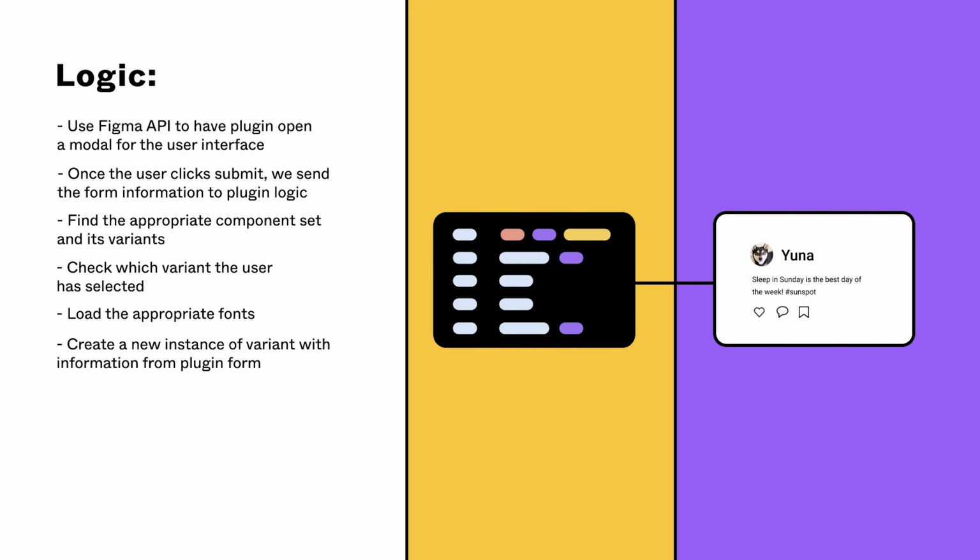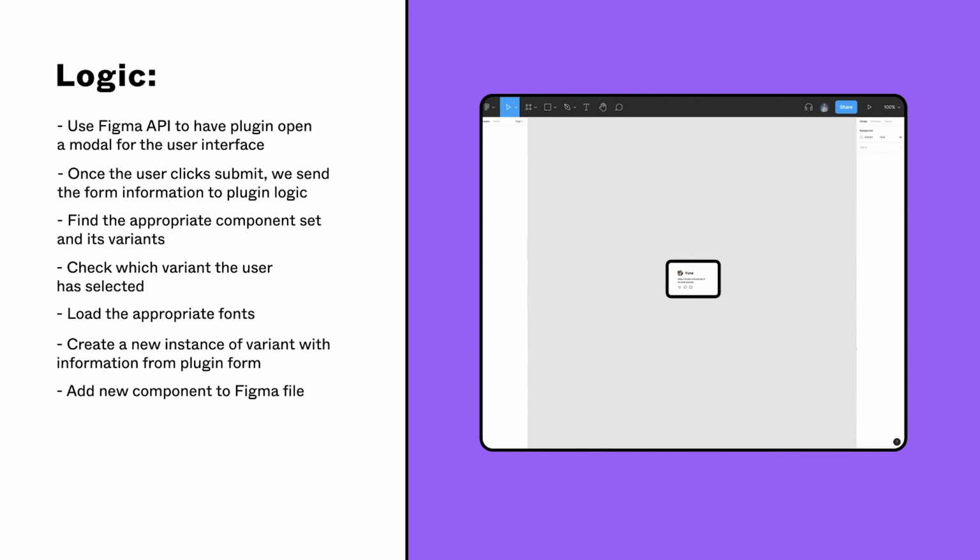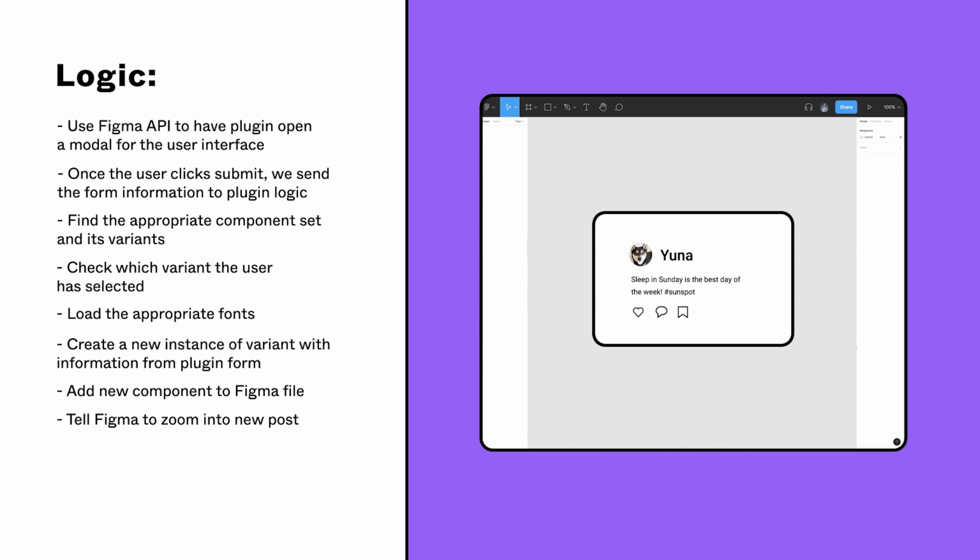Later on, we'll learn how to overwrite text and use other tools like the math random function to change the content in a post component. Once our new post component is generated, we can add it to the Figma file. To make it easier to see where the new component has been added, we'll include some code that will tell Figma to zoom in to the newly created post.